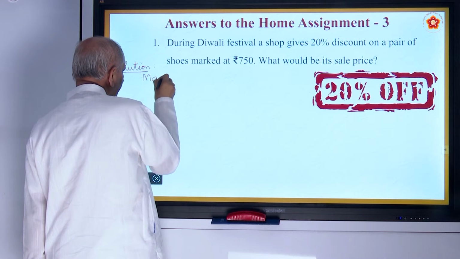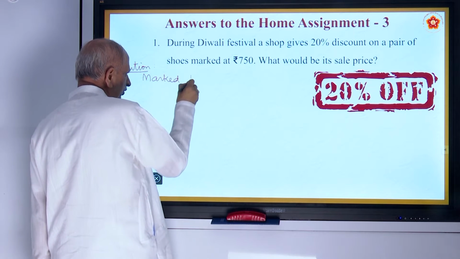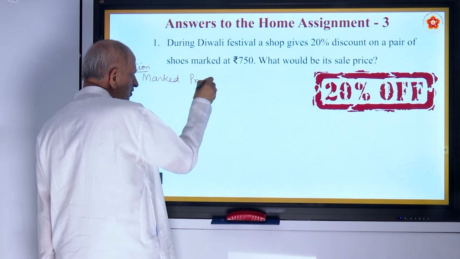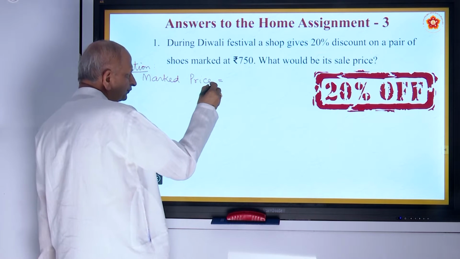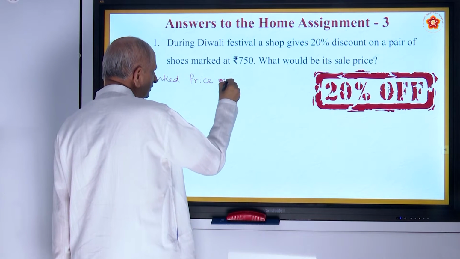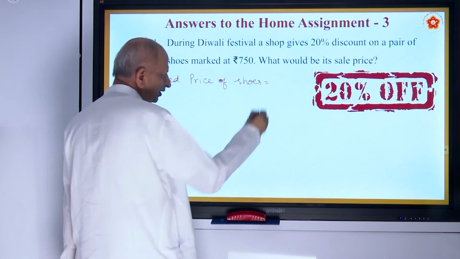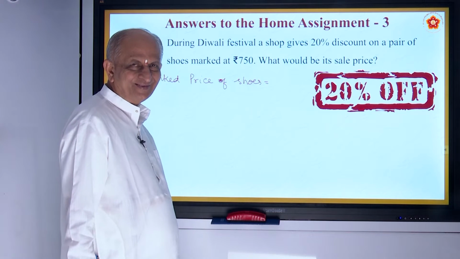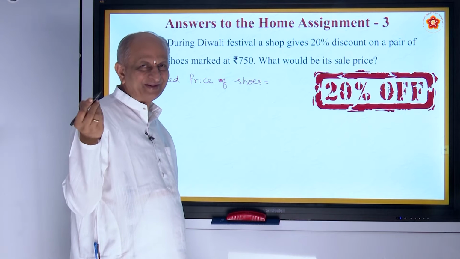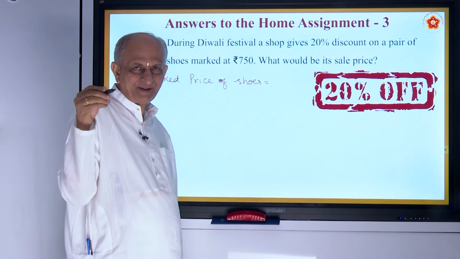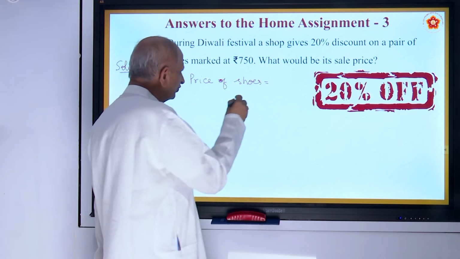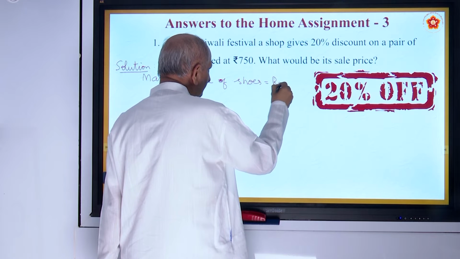So market price, note down, of what? Shoes. How many are wearing shoes? Okay, majority are having, correct? Now every school has made it compulsory. Shoes, rupees 750.